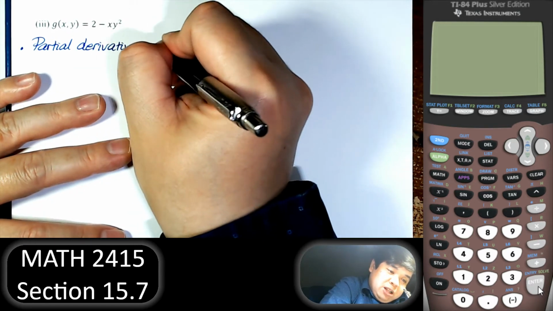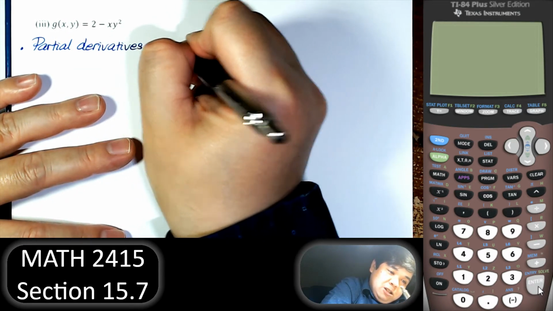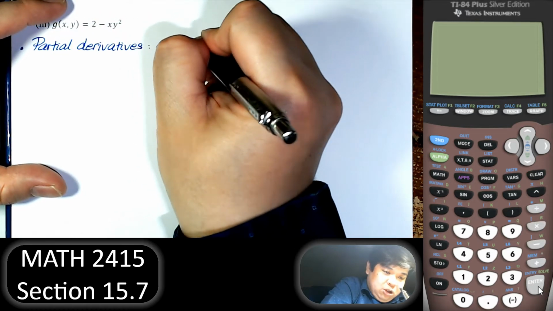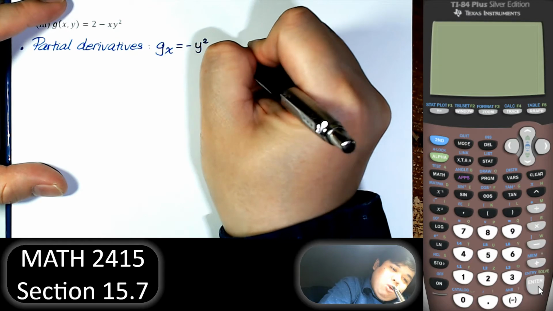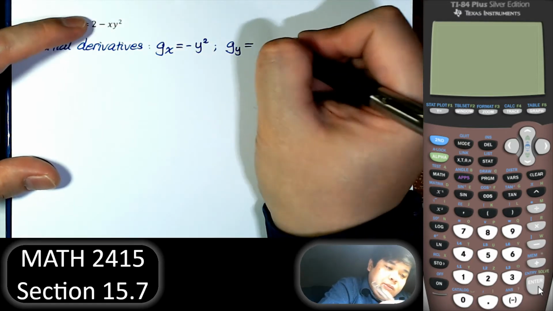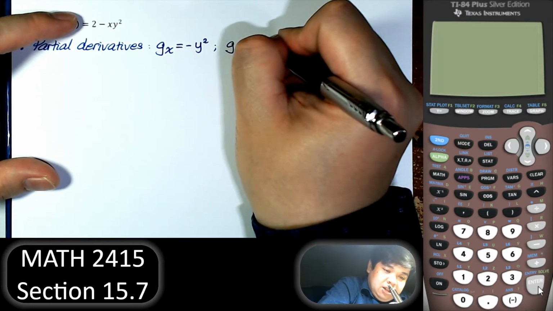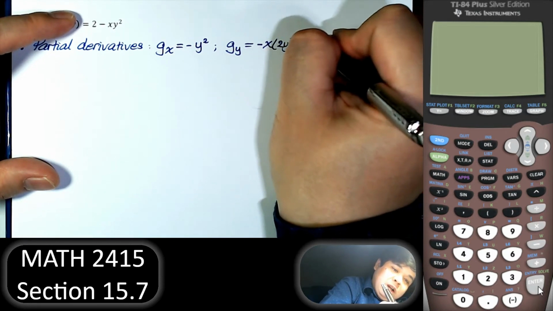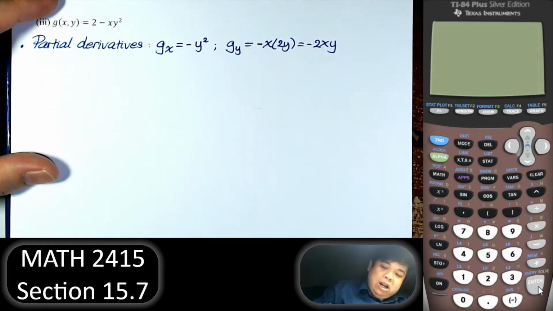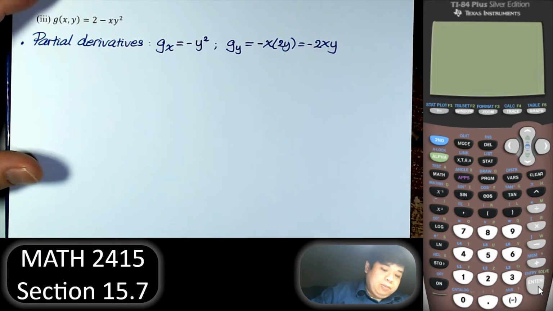This one doesn't take a lot of space. Derivative with respect to x is just negative y squared. And derivative with respect to y is negative x times 2y, or negative 2xy. So that is the partial derivative.